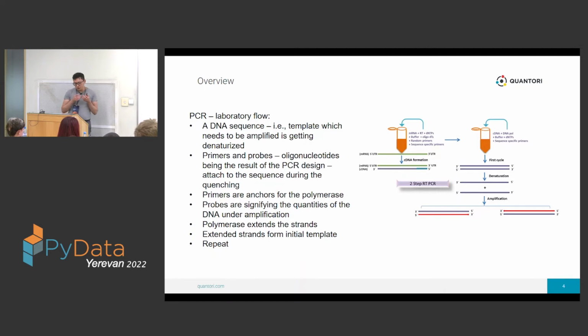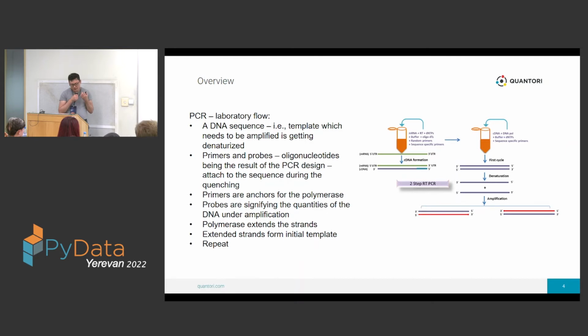So what is the flow? We need to first denature our DNA sequence. Then primers and probes get quenched. They attach to the denatured DNA sequence. Then polymerase attaches to the primers, to the sites where primers are located, and the process of extension begins.